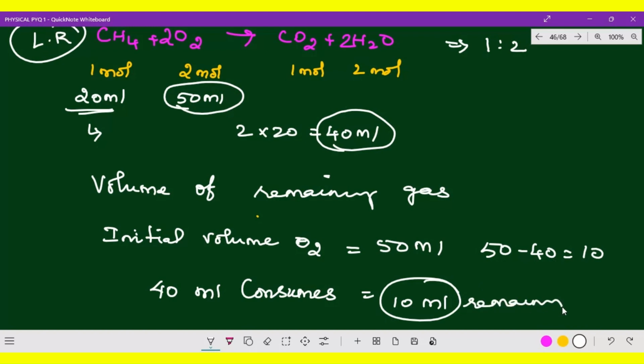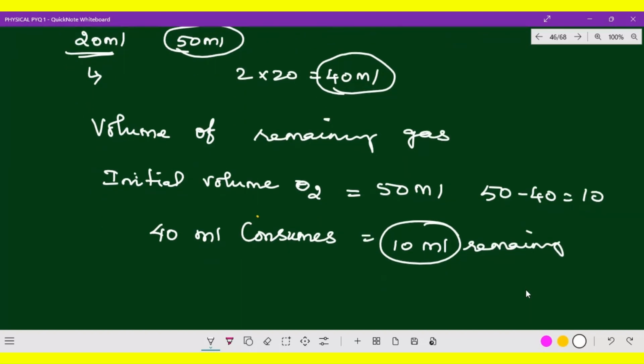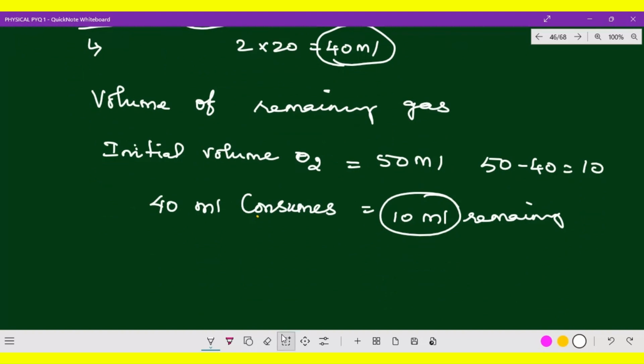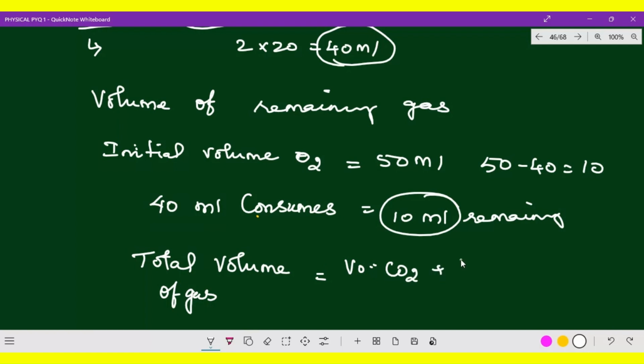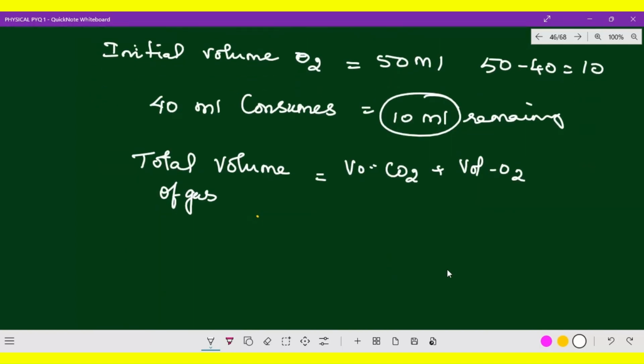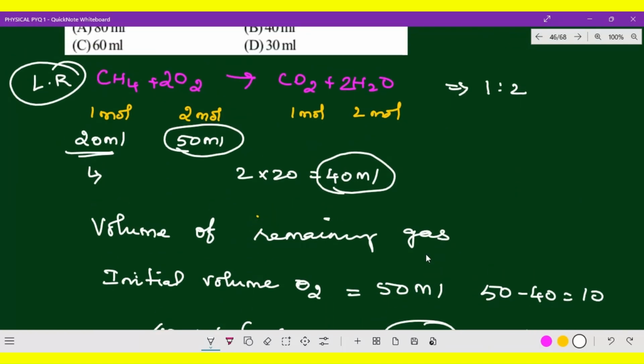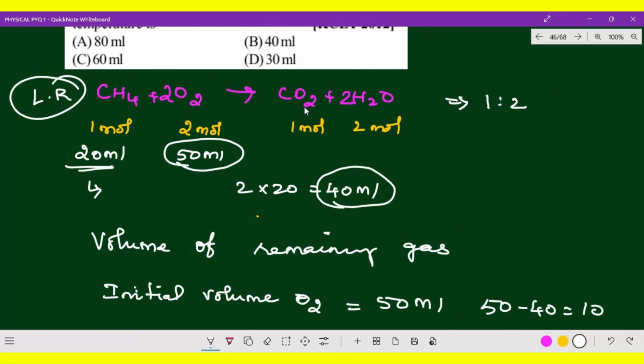Now, the total volume of gas left after the reaction is the sum of the volume of carbon dioxide produced and the volume of oxygen remaining. For carbon dioxide, 1 mole of methane gives 1 mole of carbon dioxide, so 20 ml of methane gives 20 ml of carbon dioxide.